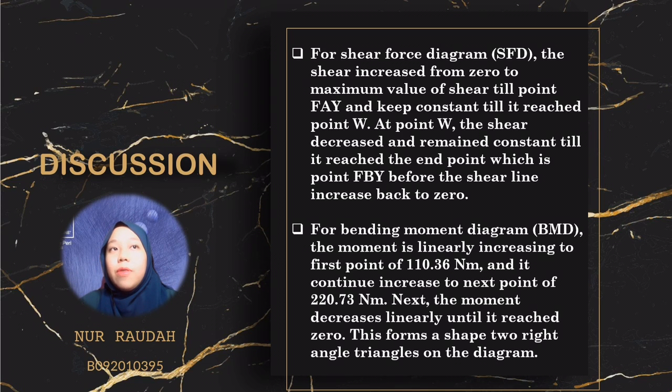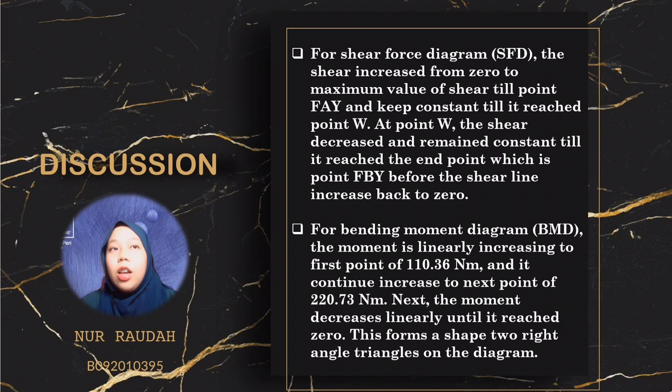This shape of the shear force diagram is caused by the reaction forces acting on it. Between point FAY and point W, there is no load applied, so the shear line remains constant.